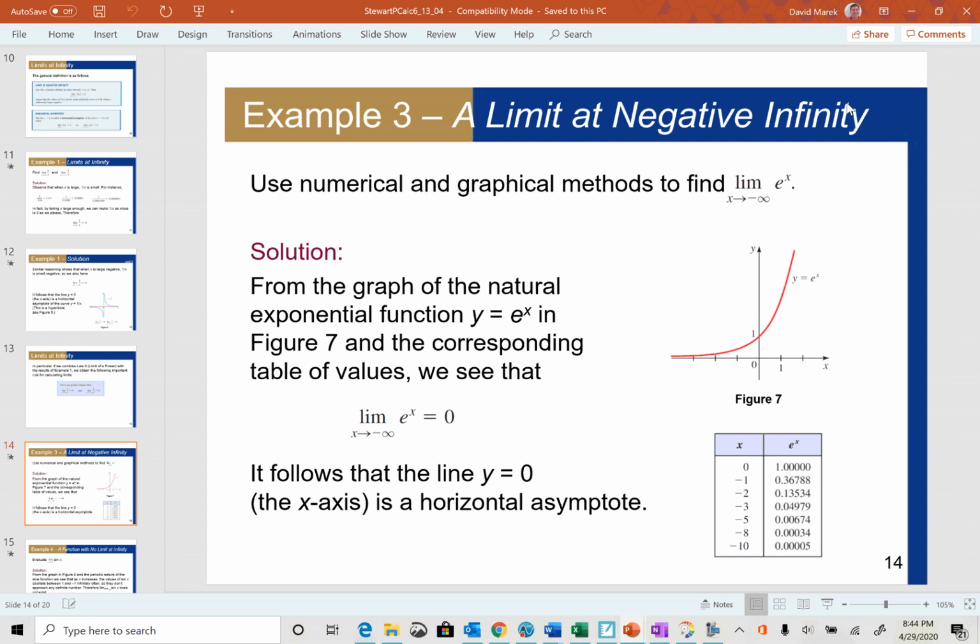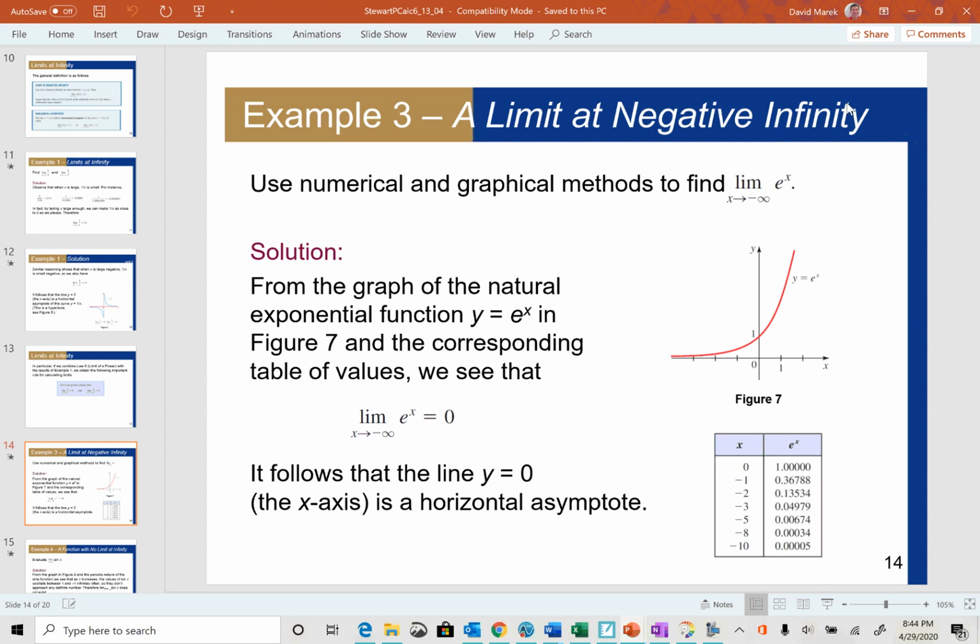So the limit of the function here as x approaches negative infinity. Okay, again, it's an exponential function here. Our base is something greater than 1. As we go to the right, it gets infinitely large. But as we go to the left, it gets closer and closer. Again, the x-axis is a horizontal asymptote.